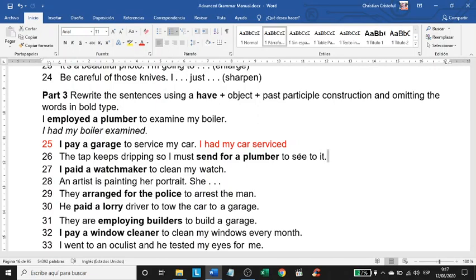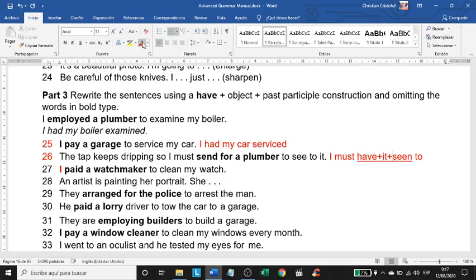How can I solve this then? I need to write I must have it seen to. And here we have the construction have plus the object plus the past participle form of the verb.